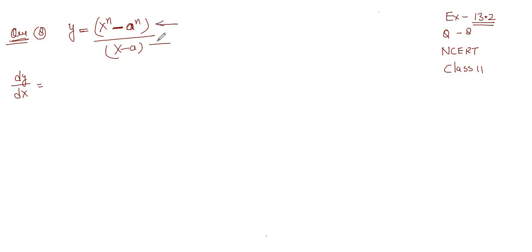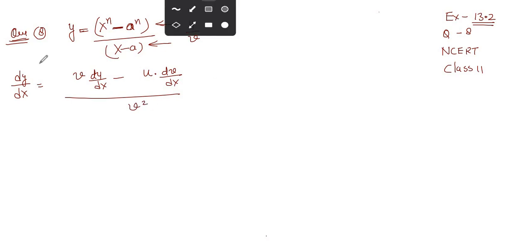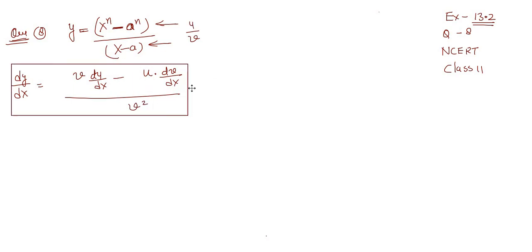So we can use the u by v method, correct? And the derivative of u by v, the quotient rule, is (v du/dx - u dv/dx) / v squared. This is the formula, correct? So we will apply this here.